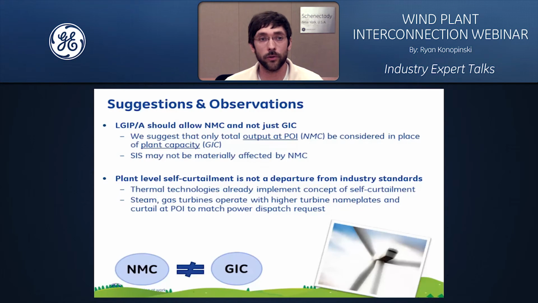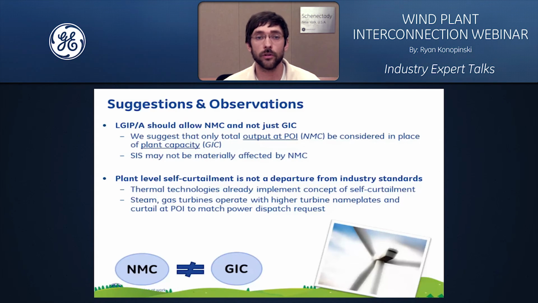Now I just want to quickly follow up with some suggestions and observations that I've discussed in the presentation. The LGIP and LGIA, we feel, should allow for the concept of net maximum capacity planning. Again, this uses the self-curtailing mechanism available from many wind turbine manufacturers, and the LGIP and LGIA should not just take into consideration the GIC, or the gross installed capacity of the wind plant.